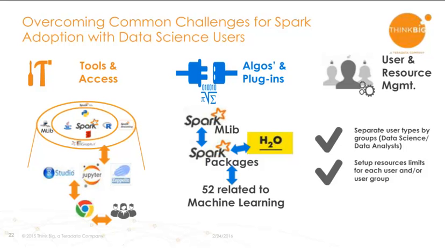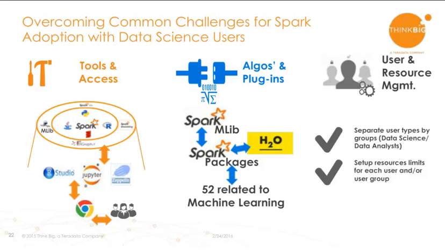Don't look at Spark MLlib or any other framework and say, oh my God, I'm limited to these algorithms. I recommend all of you look at Spark packages, and at other open source libraries that integrate natively with Spark, such as H2O, and see if those frameworks will help you solve those business problems.